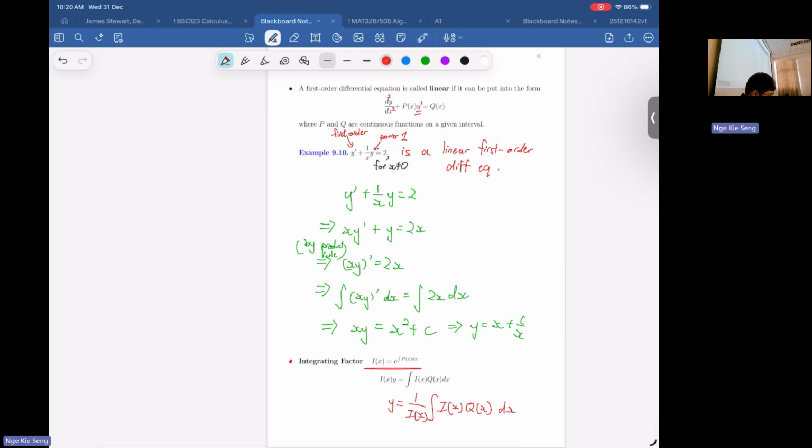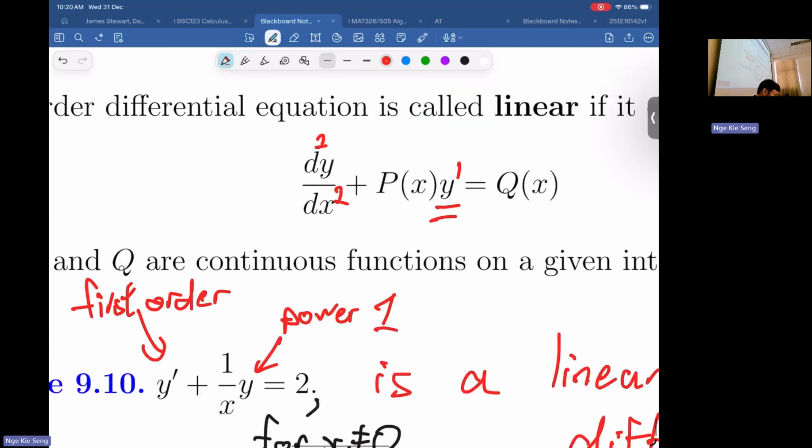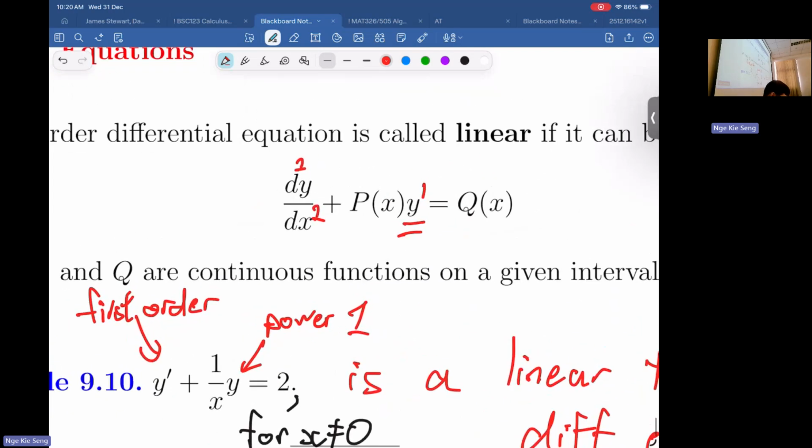Let me tell you how to read this formula, and then later we'll see how it works, and I will try to derive it for you also. Why are we looking at this kind of first order linear differential equation? It is determined by this p(x) and q(x), and the solution can be written in terms of p(x) and q(x).